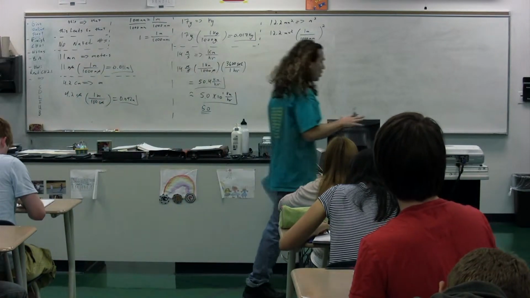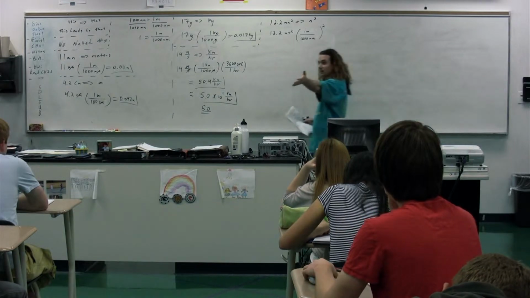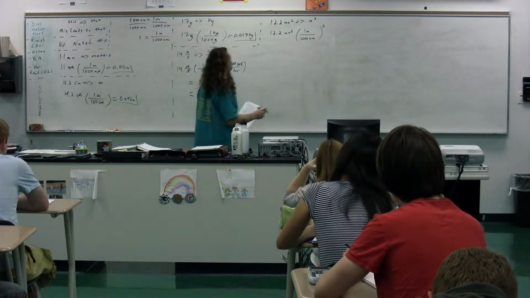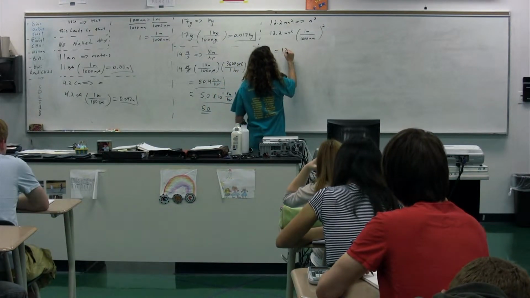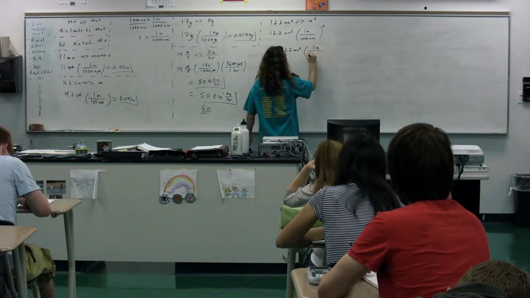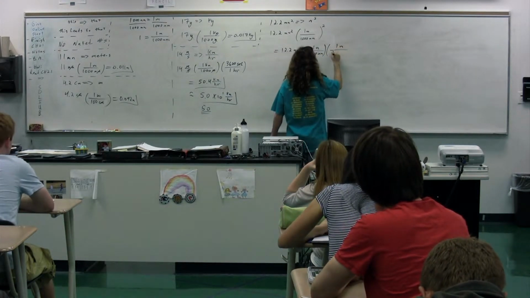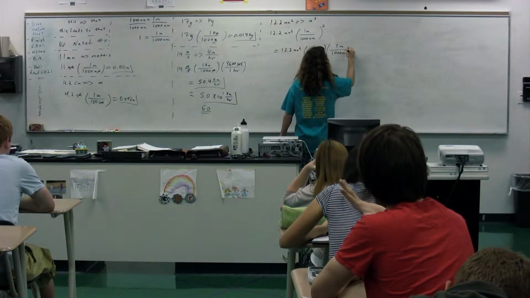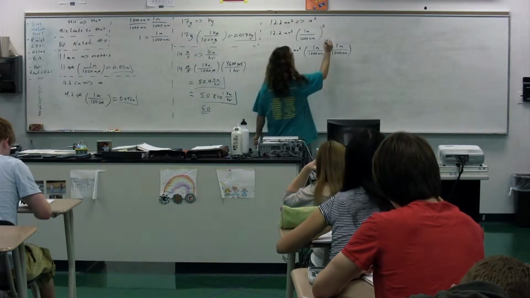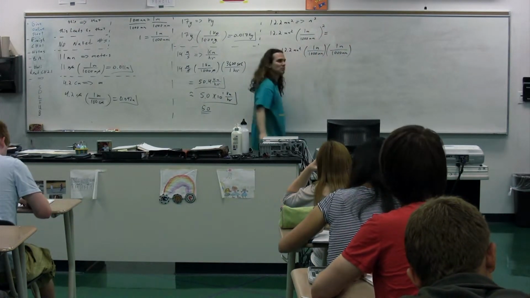Understand that what it means to be squared, Austin, is to multiply it by itself. So this is the same thing as 12.2 millimeters squared multiplied by 1 meter over 1,000 millimeters multiplied by 1 meter over 1,000 millimeters. Right? That's what this means. 1 meter over 1,000 millimeters squared means we multiply it by itself.